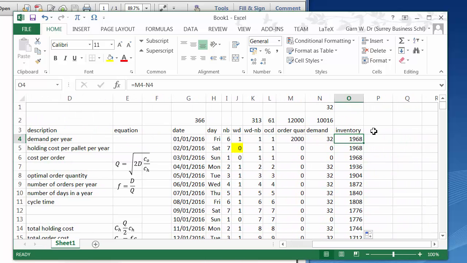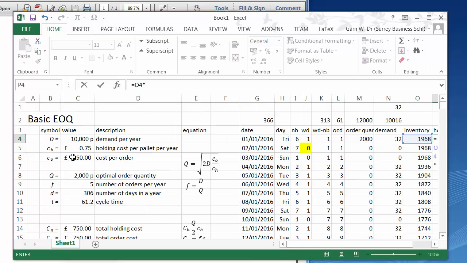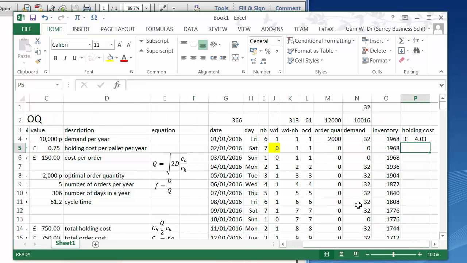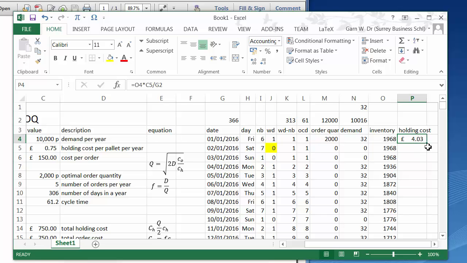That means now we can compute the holding cost. That's the number of pallets times the holding cost per year divided by the number of days, which is 366, and that's how much we pay on a daily basis.